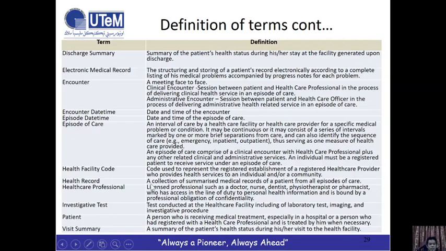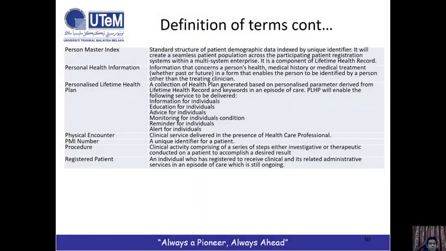Another term we use is person master index. What is a person master index? It's patient demographic data. When we talk about person master index, it's patient information. It consists of patient biodata, family data, next of kin data, spouse data, insurance data, employment data, and so on.